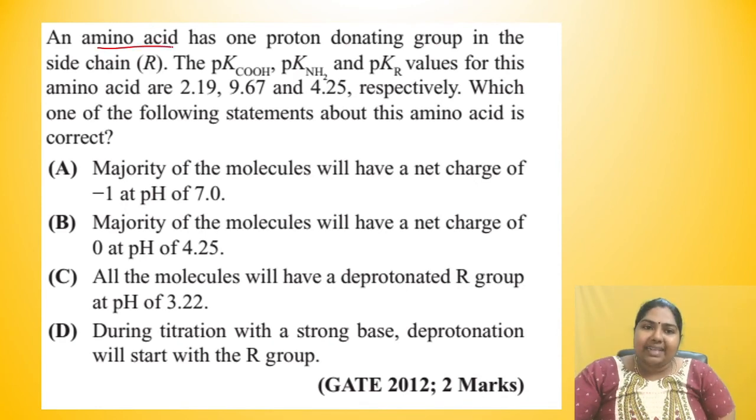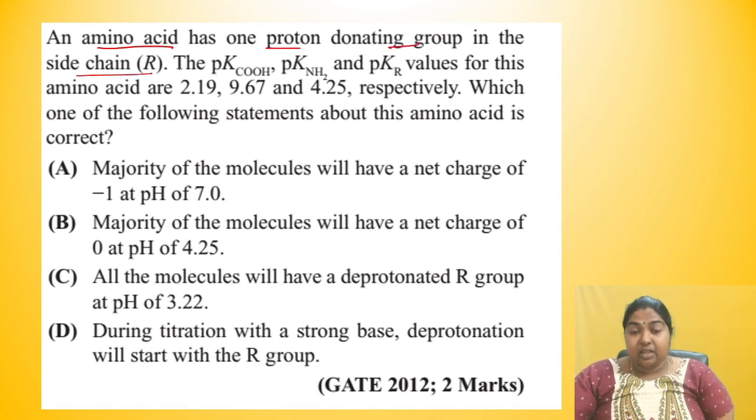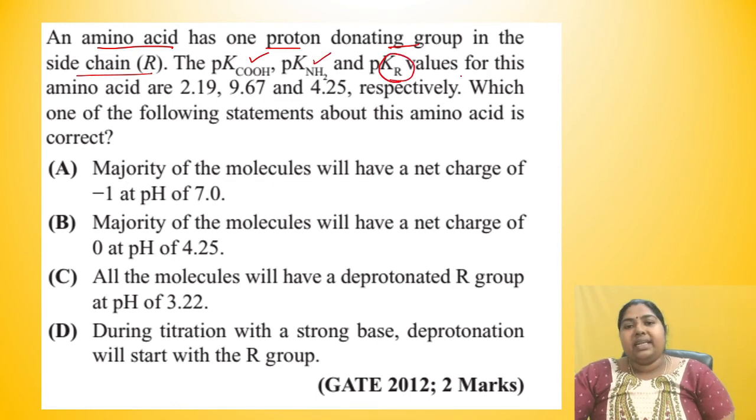An amino acid has one proton donating group in this R chain. The pK of the carboxylic acid and the amino group and the pKa values are given for this amino acid. So by looking at the pKa only, you will know whether it is acidic or basic.